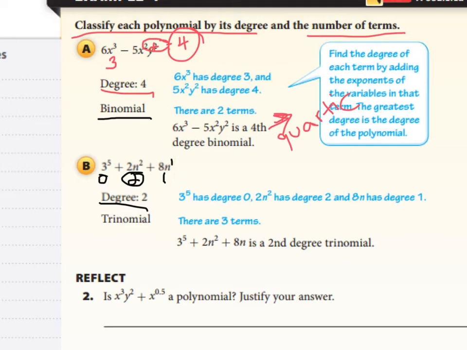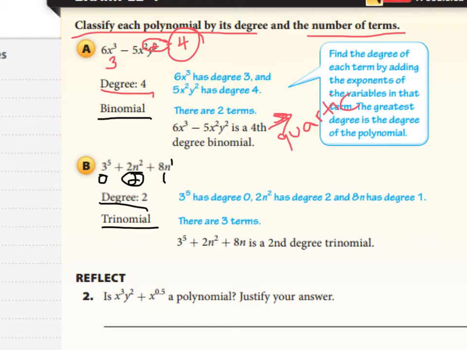So 3 terms we call a trinomial. If you have more than 3 terms, we simply call it a polynomial because there's many of them. So we only have monomial, binomial, and trinomial. Lots more for degree words, but for the number of terms, we only have 4. Again, monomial, binomial, trinomial, and then polynomial.